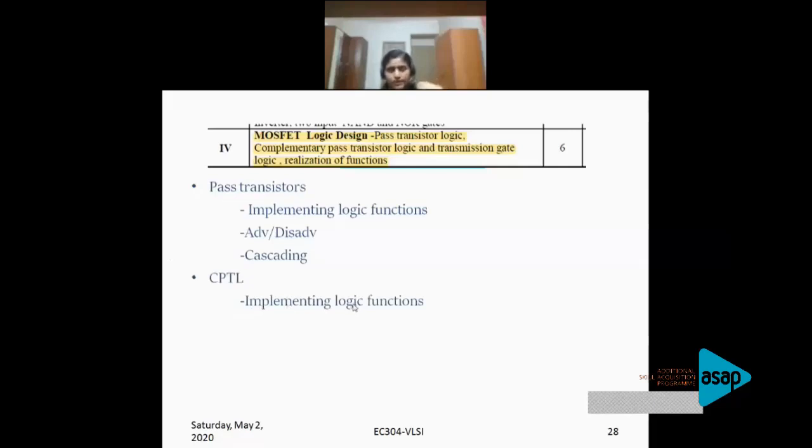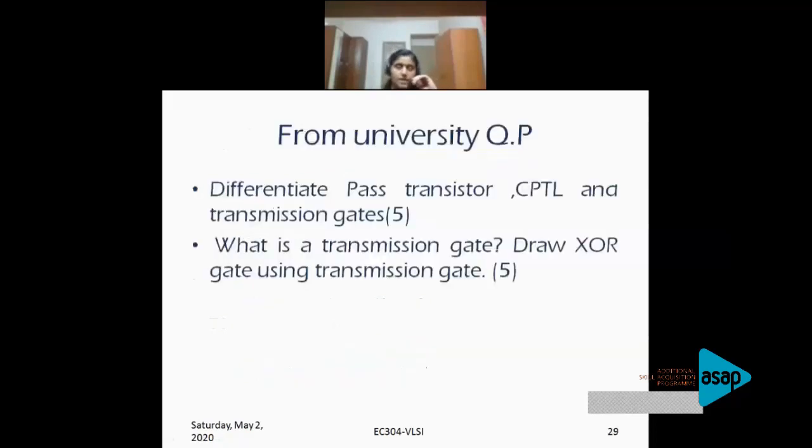No more other points in that. And today in this class, what we have discussed is the transmission gate, how to implement logic functions using transmission gate, and finally the DC analysis or the equivalent resistance analysis. So as such, this sums up what all you have to study in your fourth module that we have completed in 2 classes.